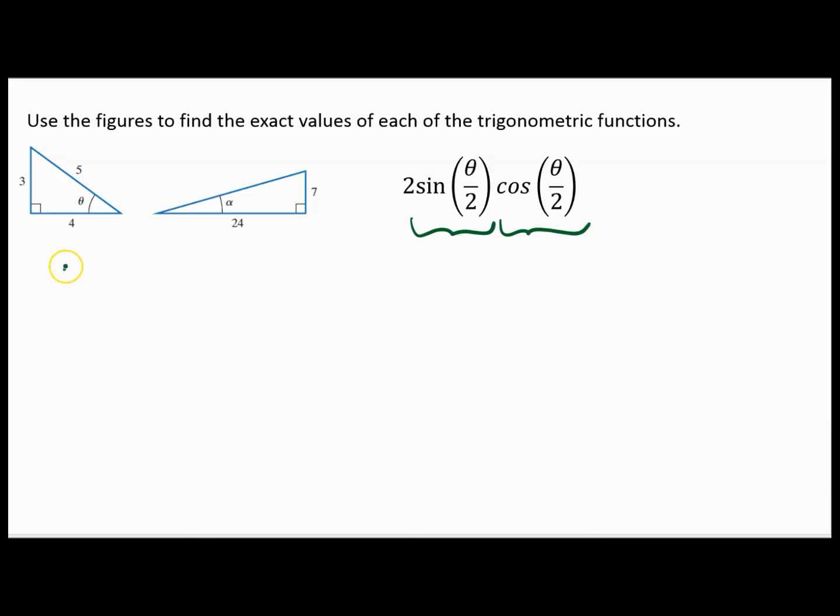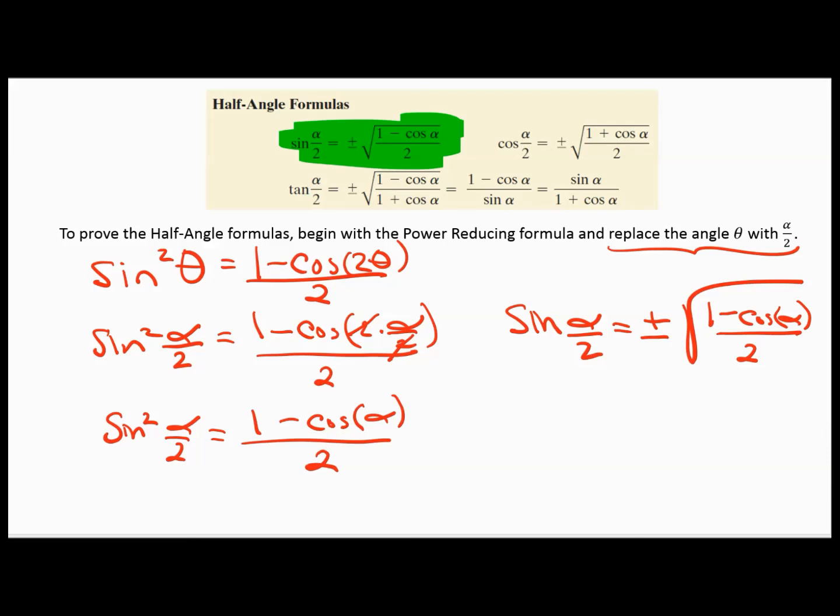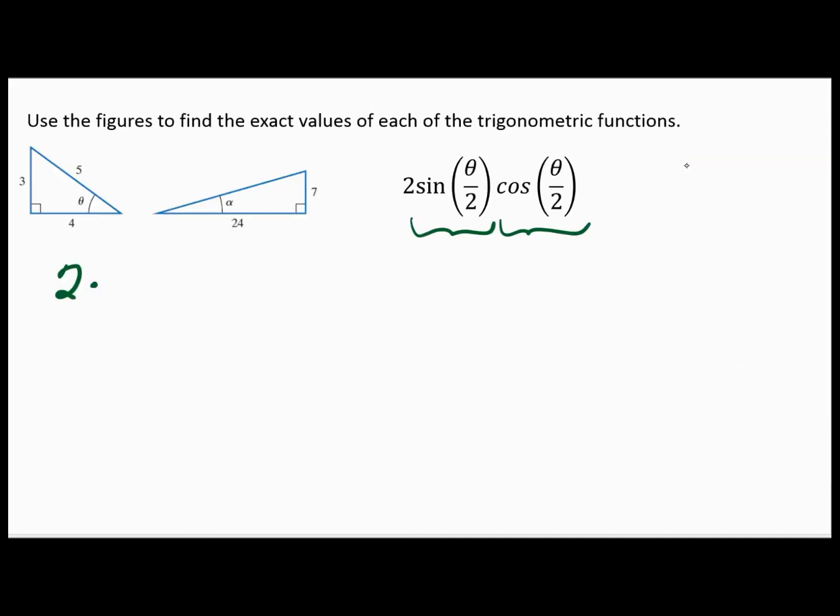So that's going to give me 2 times, and then sine of theta over 2, if you have to go back and look, the formula is right here. It's plus or minus the square root of 1 minus the cosine of alpha over 2, and then cosine is plus or minus the square root of 1 plus cosine of alpha over 2. So one's minus and one's plus.